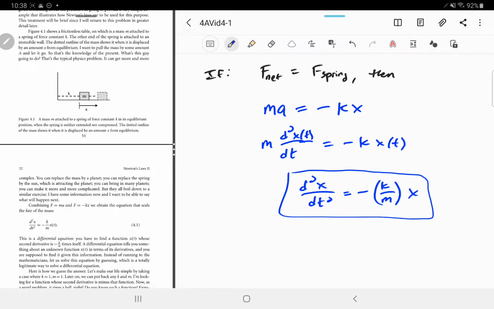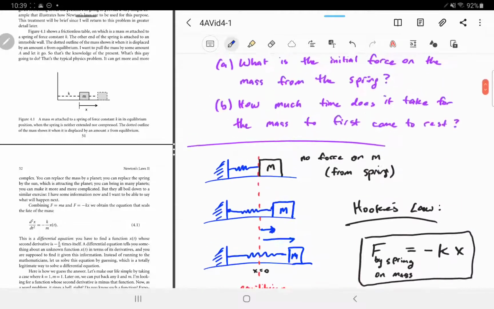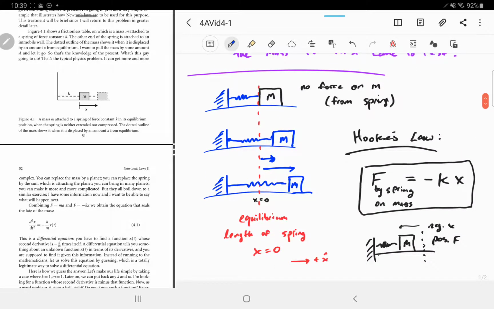All right, so this is a differential equation that we have to solve, to find x as a function of time. What that'll tell us is the motion of the mass for all times.